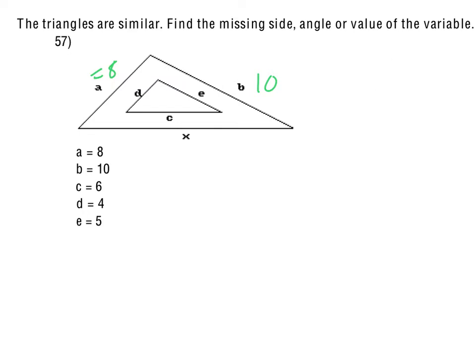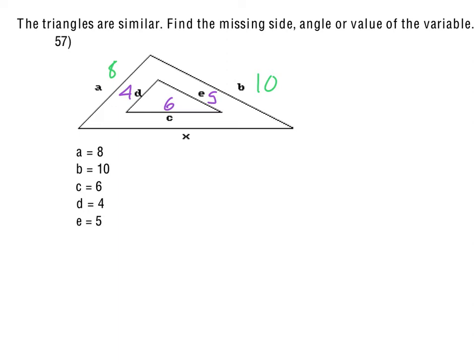C is 6, D is 4, and E is 5. Hopefully you can see that D corresponds to A, and A is twice as big as D. And B is twice as big as E, so therefore x would have to be twice as big as the 6. If you don't see that, what I would recommend is setting up a proportion.